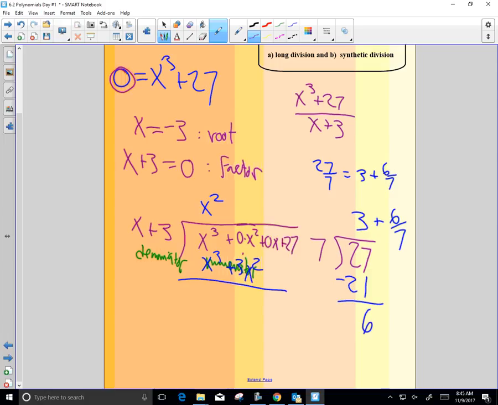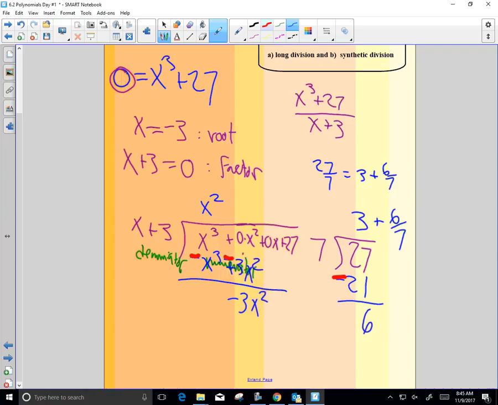That's what happens to that. And then this is just going to be subtract, because we subtracted here, right? x cubed minus x cubed is 0. 0 minus 3 is negative 3x squared.